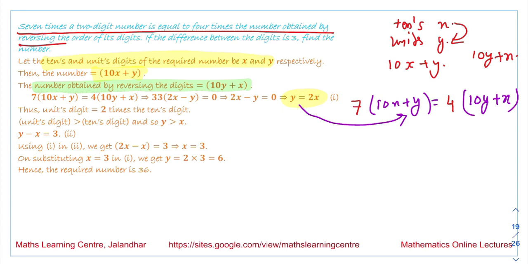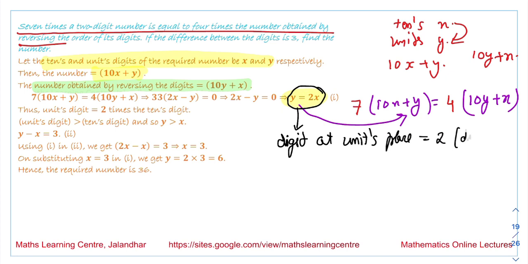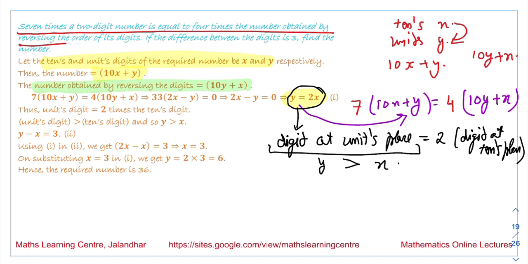So from this equation we can say that the value of y, which is the digit at the units place, is equal to 2 times the digit at the tens place. So which of these is greater? It means the digit at the units place, y, is greater than x.